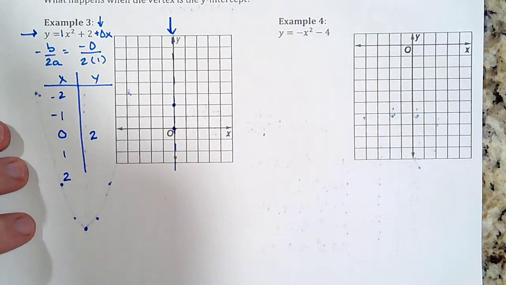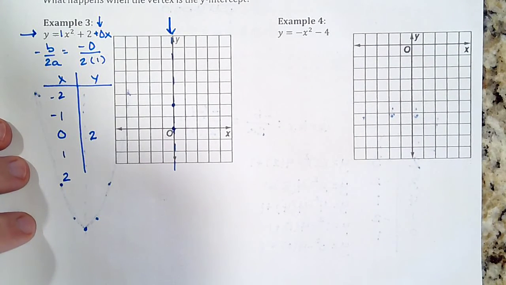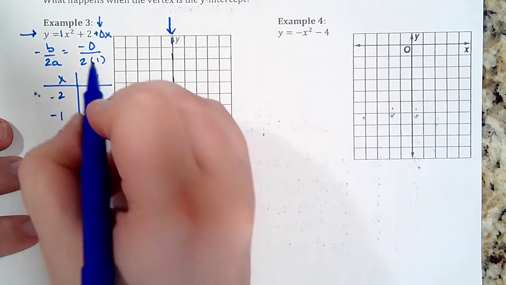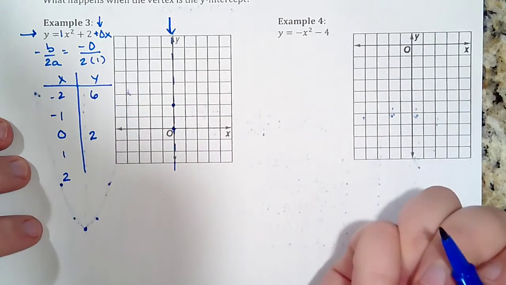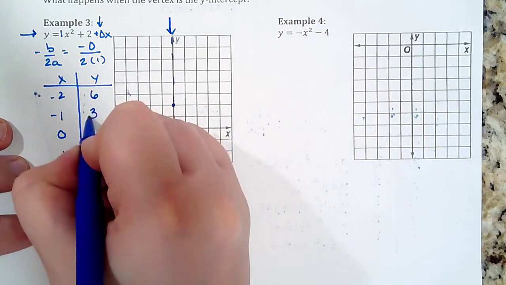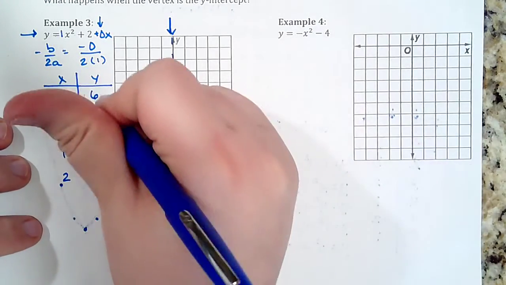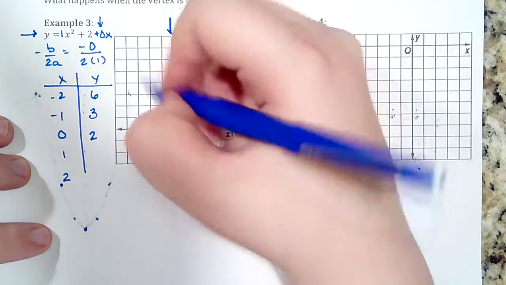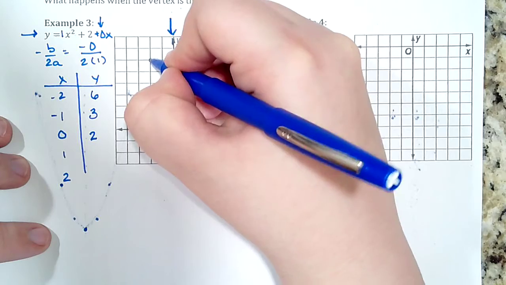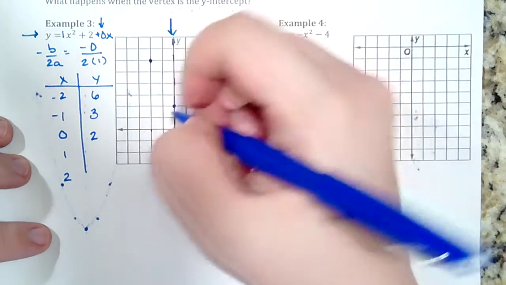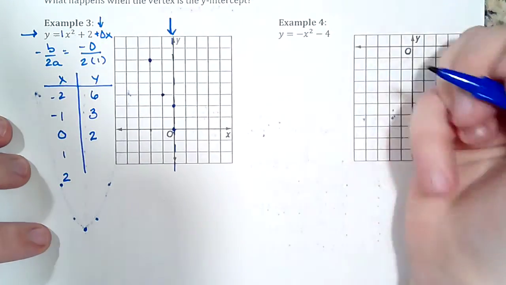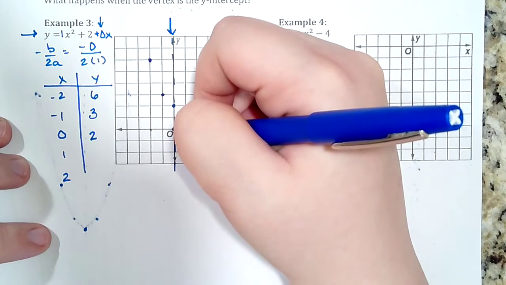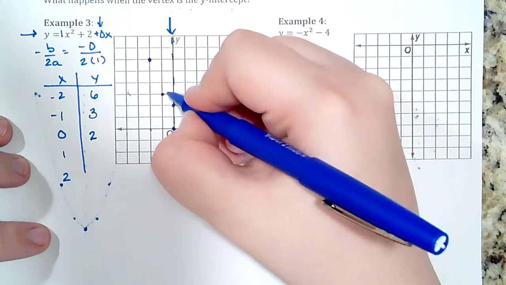Now let's just plug things in. When I plug in -2, what is it going to kick out? It's going to kick out a 6. When I plug in -1, it kicks out a 3. Again, you know me, I'm halfway done with my table. I'm going to go over and check it out. -2 goes up to +6. -1 goes up to +3. And if this is my axis of symmetry, well, let's see what happens when I mirror it over.